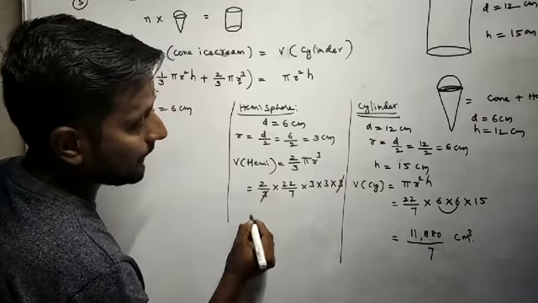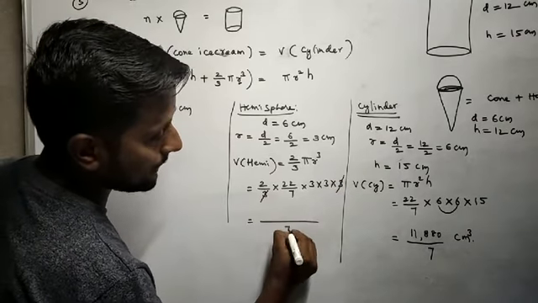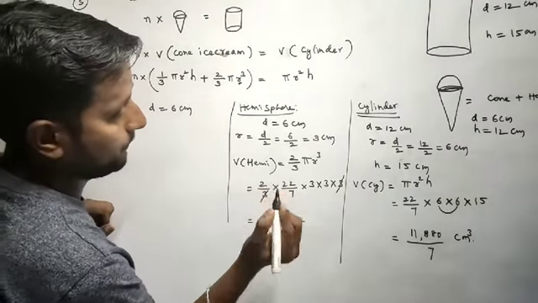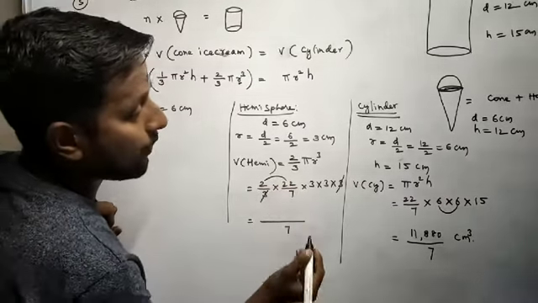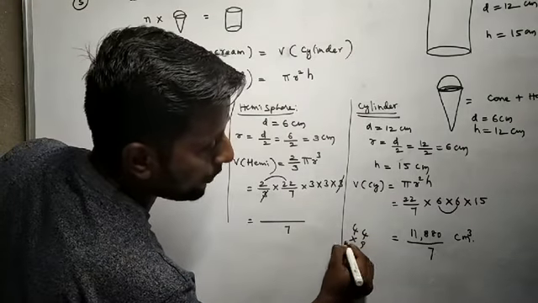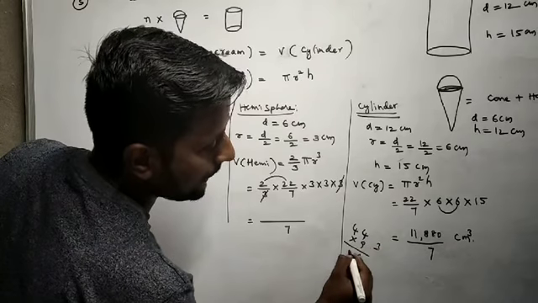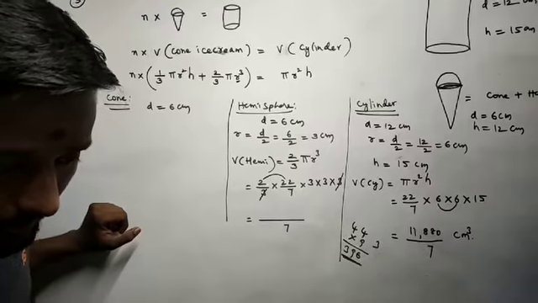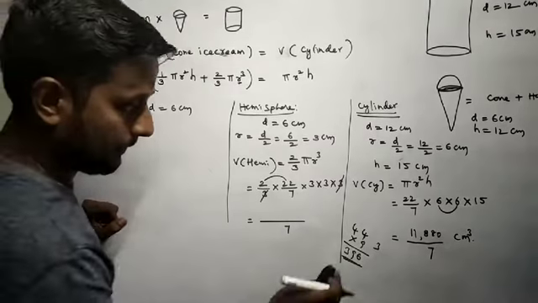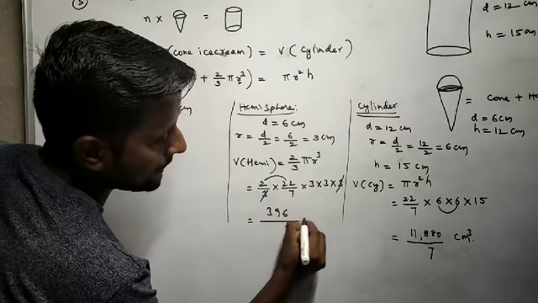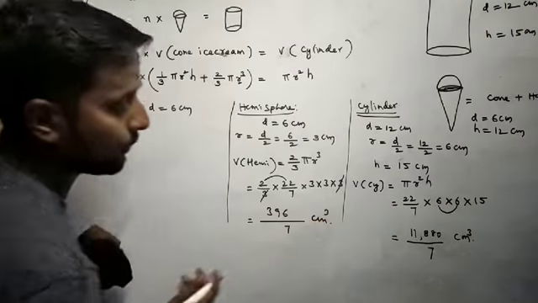So 3 and 3 get cancelled, leaving a single 7. 22 2s are 44 into 9. 4 9s are 36, 3 39, so 396 by 7 centimeter cube.